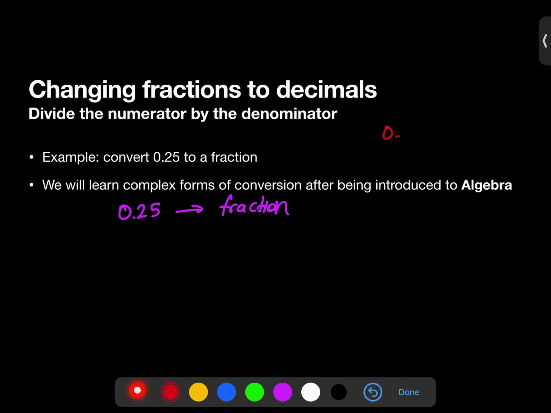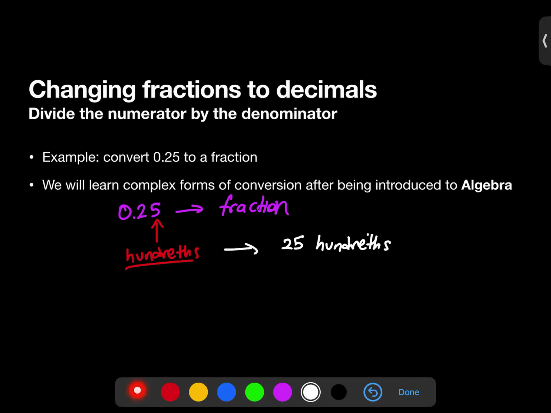But now here we have two values after the decimal. So does anyone remember what the second value is called? Hundredths, correct. So the second value after the decimal is called the hundredths. So what does this mean? It means we have 25 hundredths.